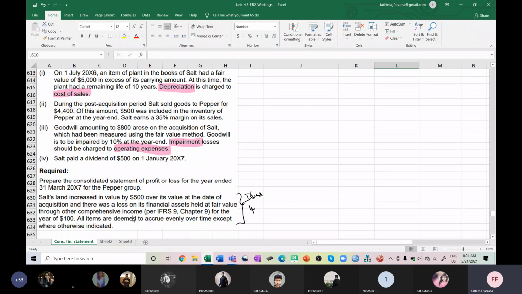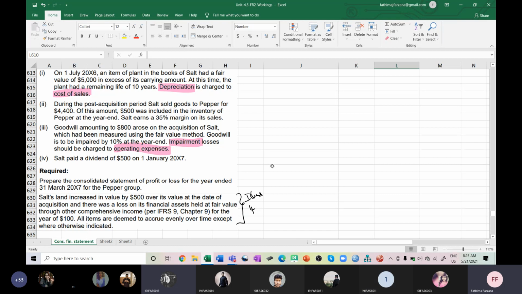Now tell me, what is this 500 and 100? Where will it come? Ma'am, 500 is the revaluation of land. Yes, correct, it's a revaluation of land only. Is it a revaluation gain or loss?